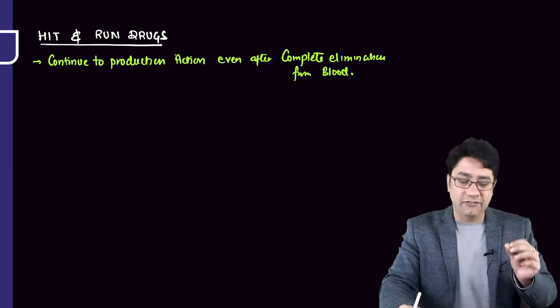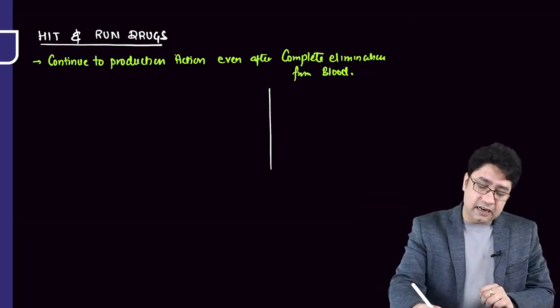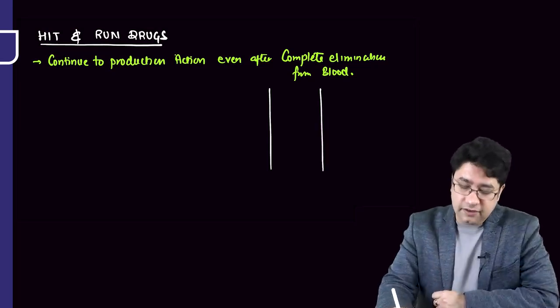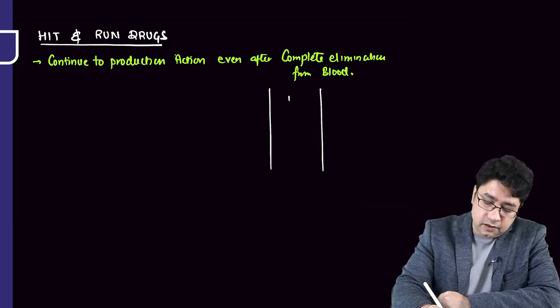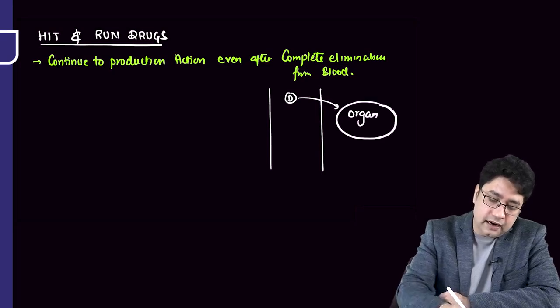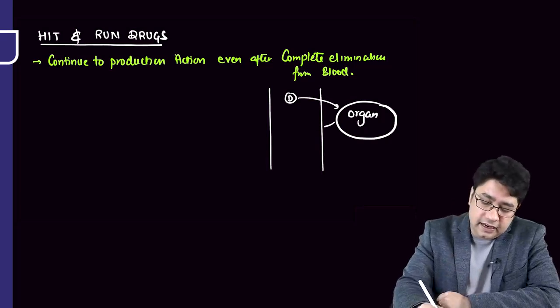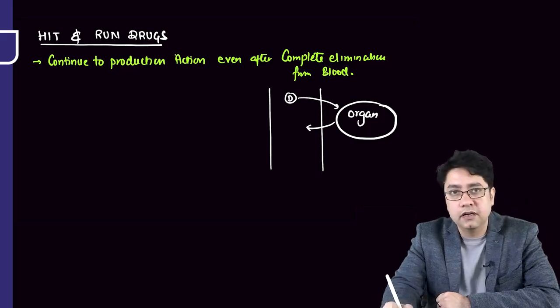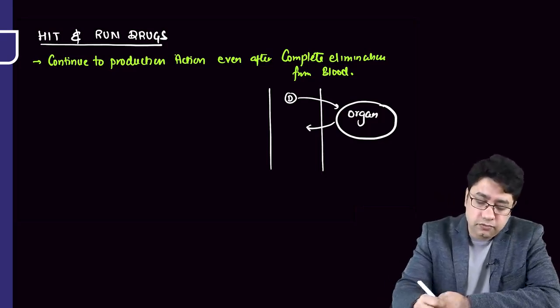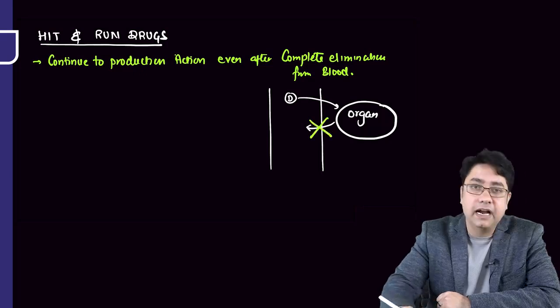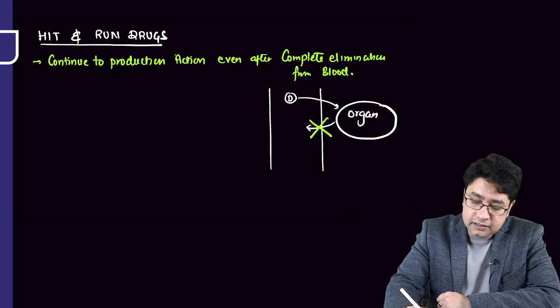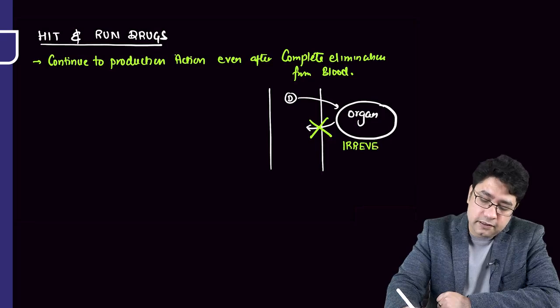Let's see the reason why it happens. Beta, I have told you when we were discussing half-life, a drug goes to the organ, and most of the drugs are reversibly attached to the organ. That means they again come back into the blood. For a moment, assume this drug is not coming back into the blood. That means this drug has been attached to the organ irreversibly.